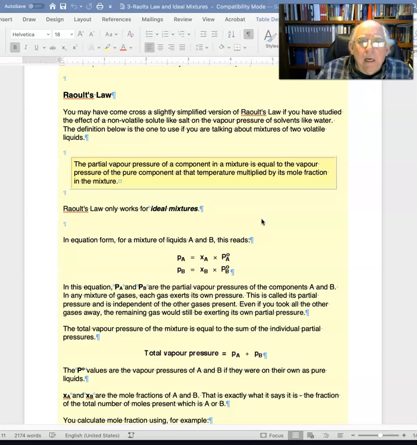Each fluid, whether it's A or B or blue or red, has a vapor pressure above it, the vapor pressure as if it was the only one there. And the total vapor pressure for the entire mixture is then the addition of the two.